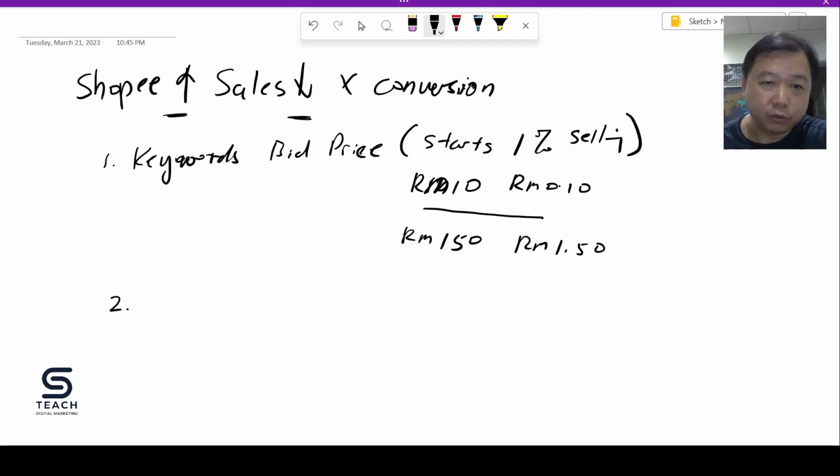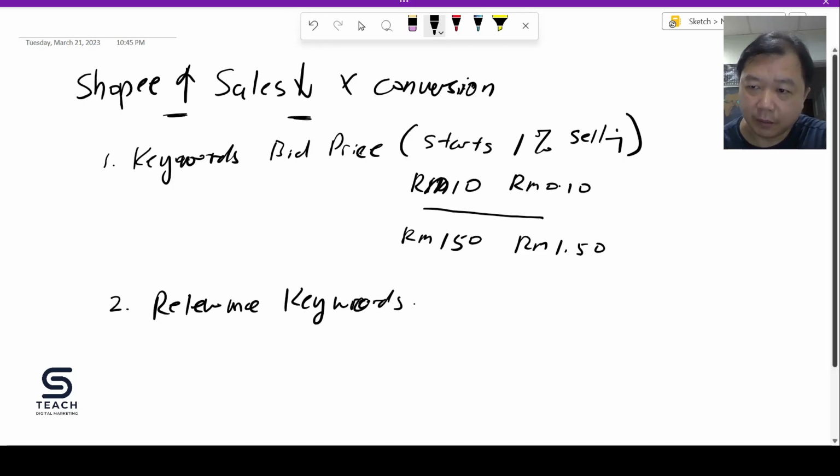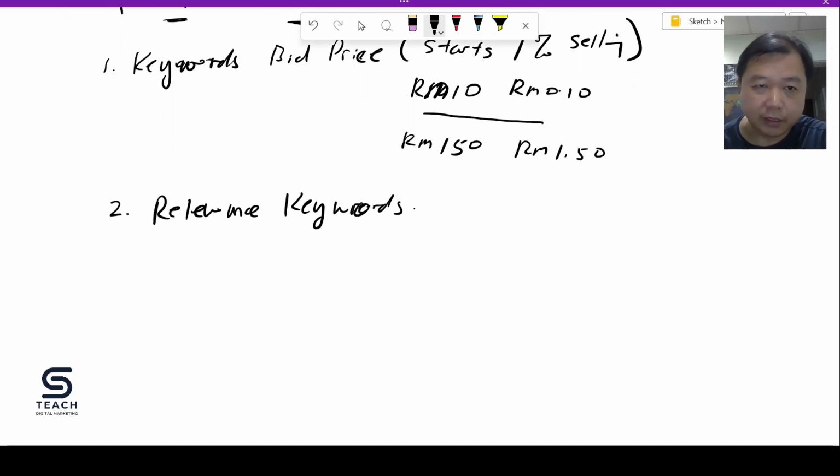The second thing you need to take note of is the relevance of your keywords. Okay, for example, let's say you're selling a camping lamp, you know those LED lamps.